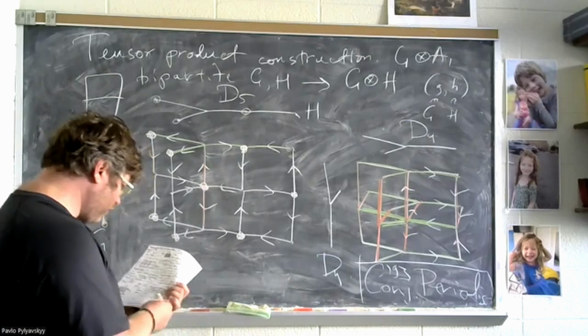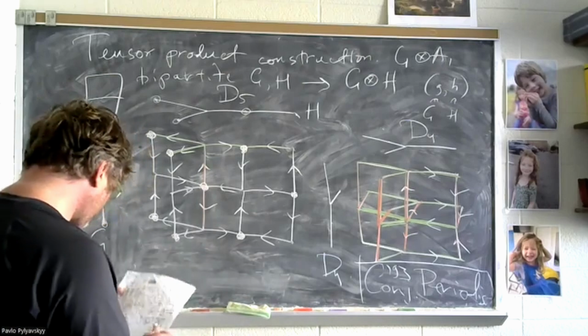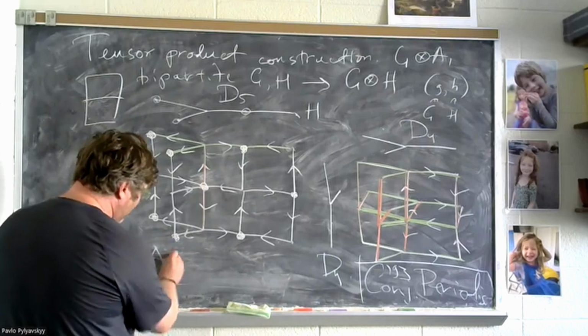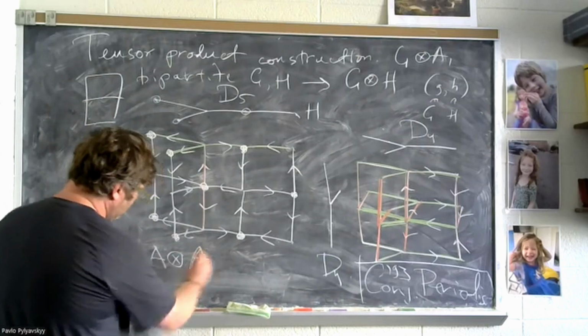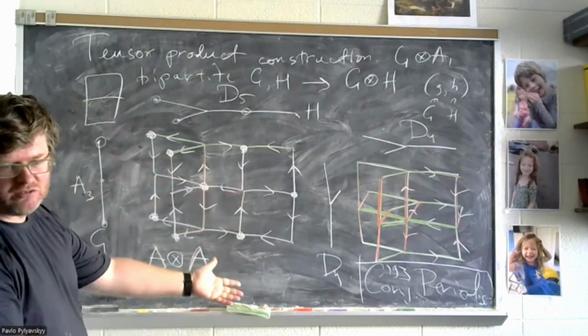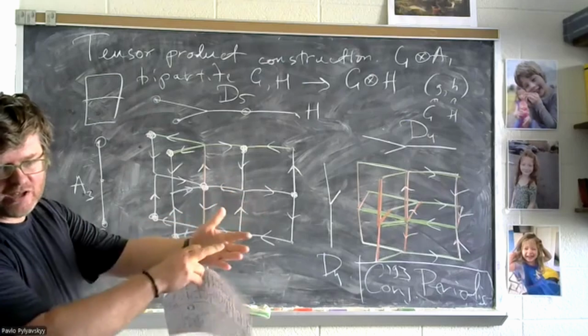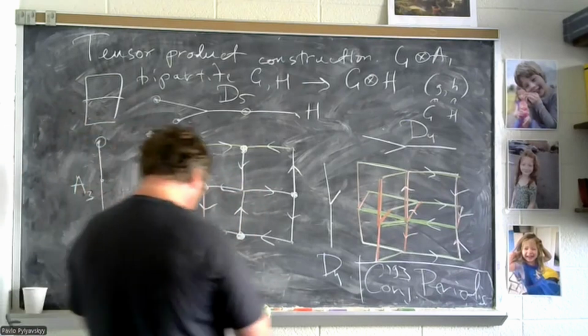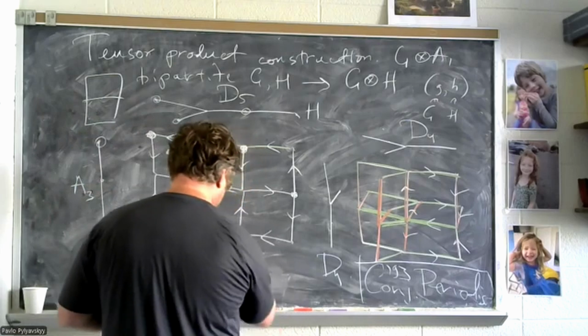It was proved, let me see, the case of A times A, which looks like a square grid rectangle. So A tensor A was proved by Volkov in 2005.